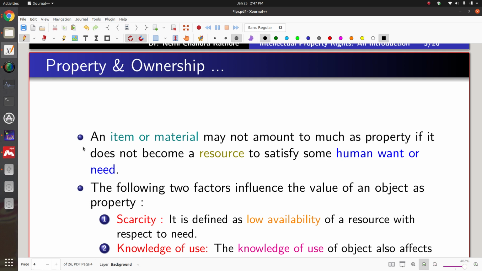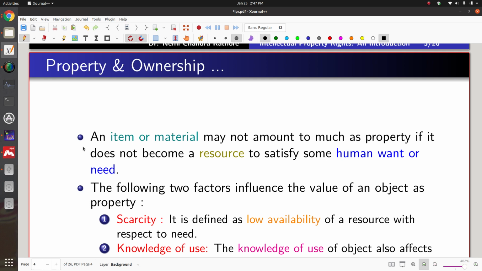So you might observe that land is generally used as a property. Why? It can satisfy a set of your needs. You can use that land to build a house.